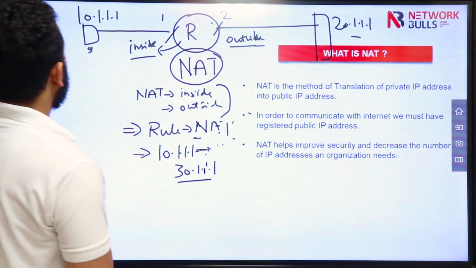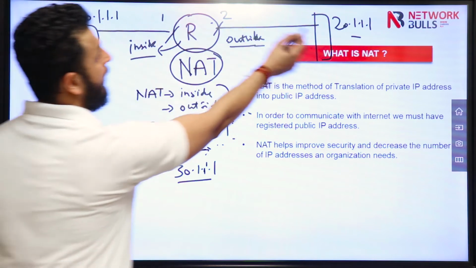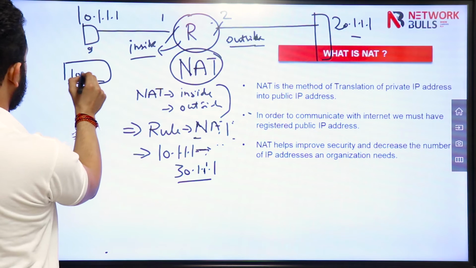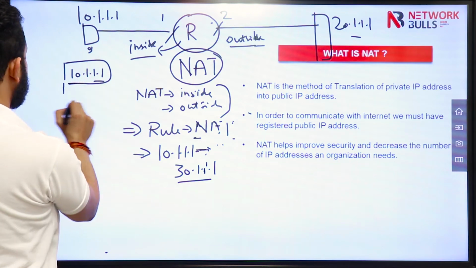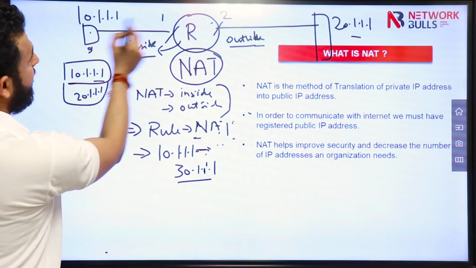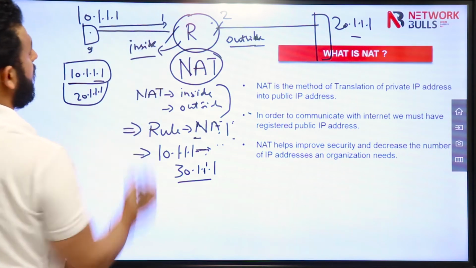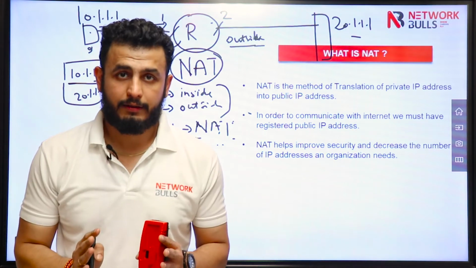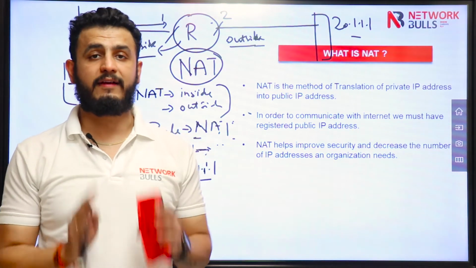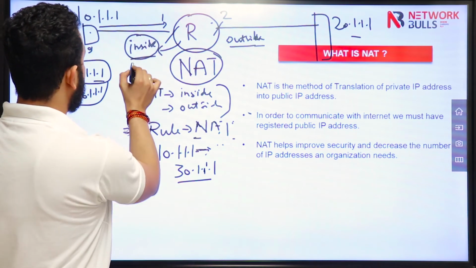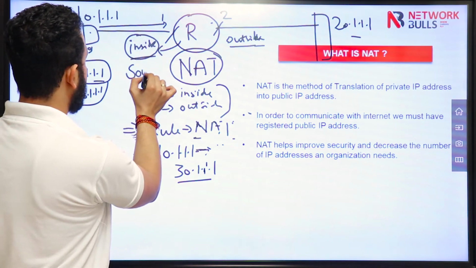So whenever this user tries to access the server, the source IP will be 10.1.1.1 and the destination will be 20.1.1.1. This user will send traffic to the router. Now what will the router do? The router will check what it has to translate. Whenever traffic is received on the inside interface, the source is translated.